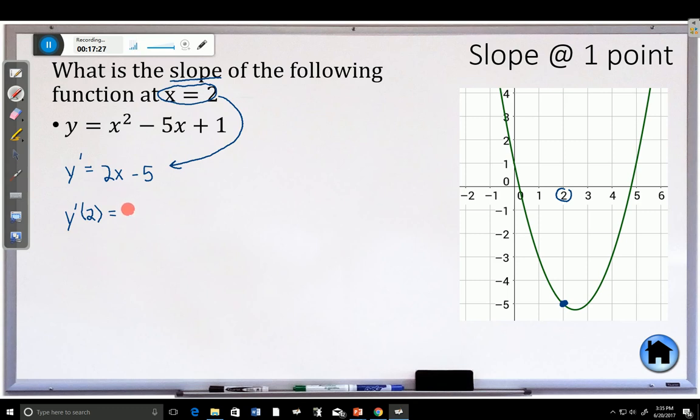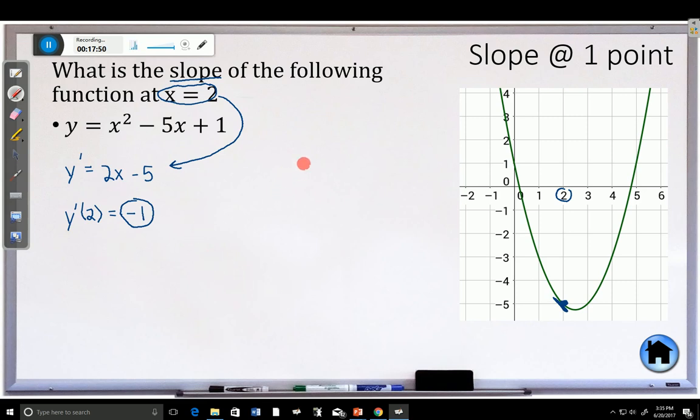So plug that in, we get 4 minus 5 is negative 1. So my slope at that one point should be negative 1. And you might as well check it. Does this slope right here look like a slope of negative 1? Sure looks good to me. I hope it looks good to you as well.